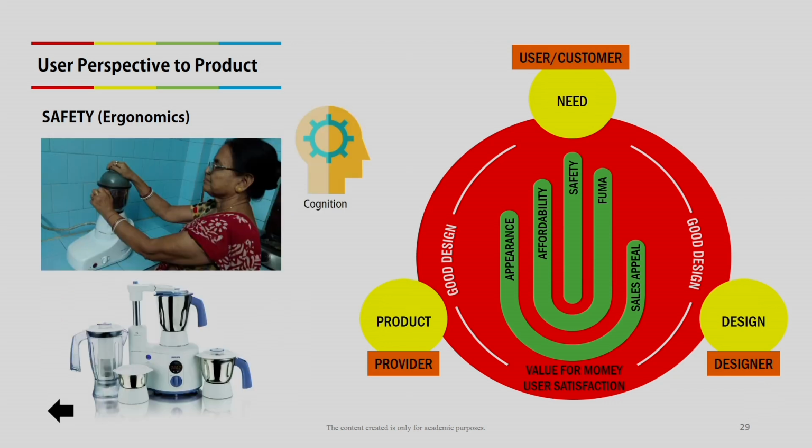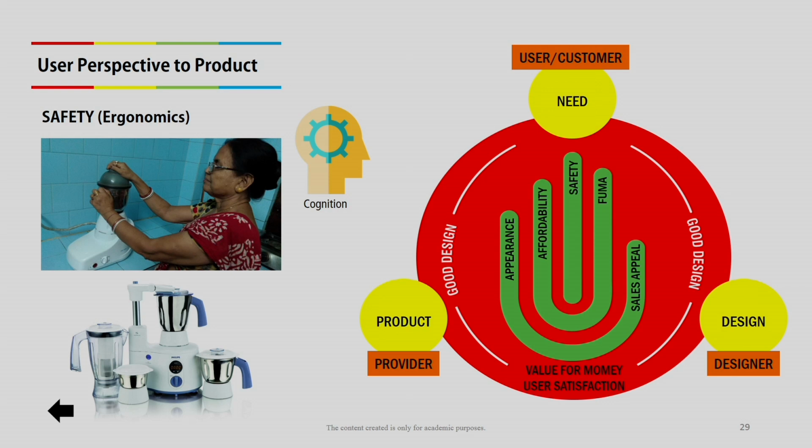For example, if you are using a mixer grinder, you can see in different kitchens that women are holding the top of the mixer grinder. It is because they have a fear that the top will open up and it will create a mess in the kitchen.